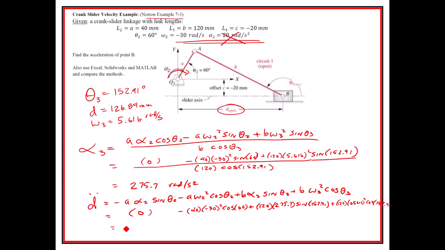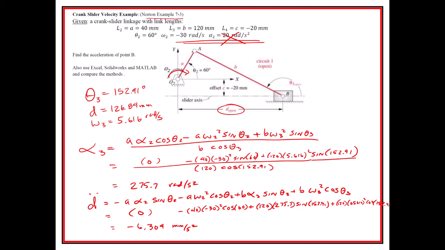And I end up with a D double dot of negative 6,304 millimeters per second squared.